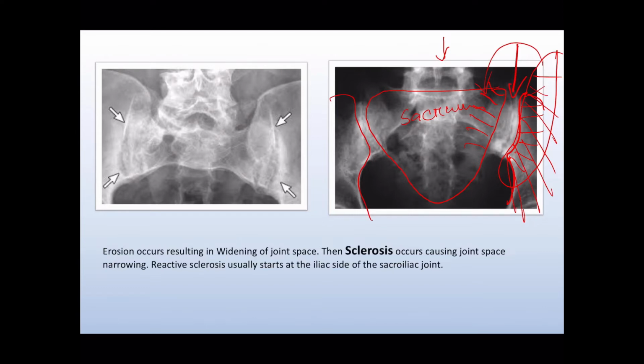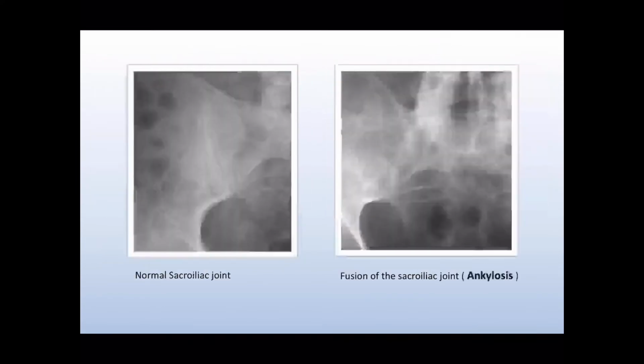Here, look at this x-ray, the left one. Here there is widening of joint space, and in the upper part there is narrowing. At the same time, here the white part is the sclerosed area. In advanced stages, there is fusion of sacroiliac joint, which is known as ankylosis. So we have shown two x-rays here so that you can compare.